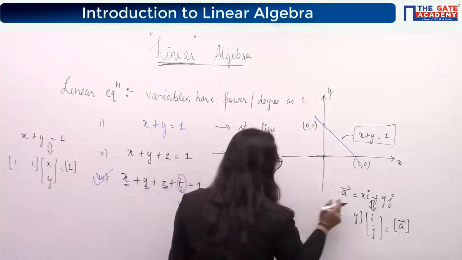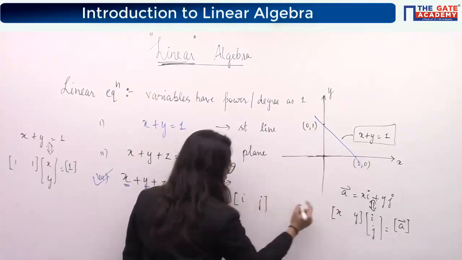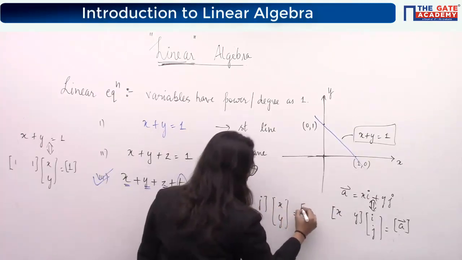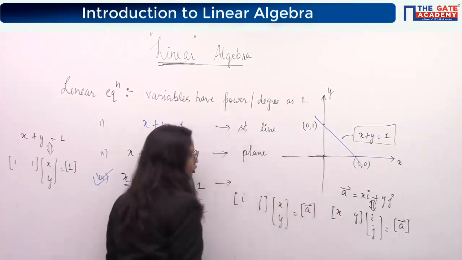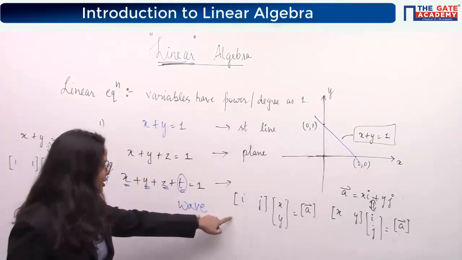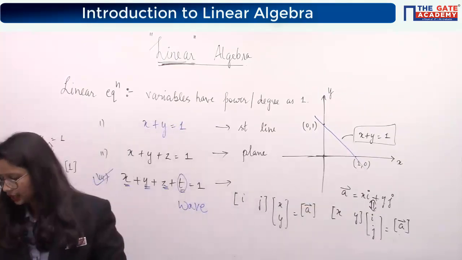Okay, can I write this vector again like this? I am talking about the same vector. Is it okay with you? I have written it in a second format. Can I write like this? This A vector, same A vector, can I write like this or not?